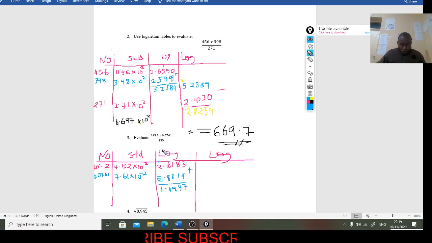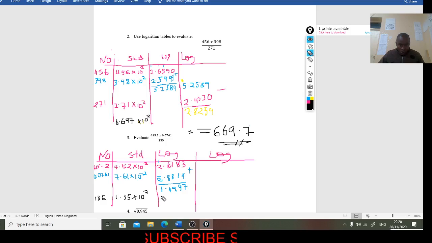Then on the denominator side, we have 135. So you write that number, 135. It will be 1.35 times 10 raised to power 2, because I moved from the right to the left, 1, 2.